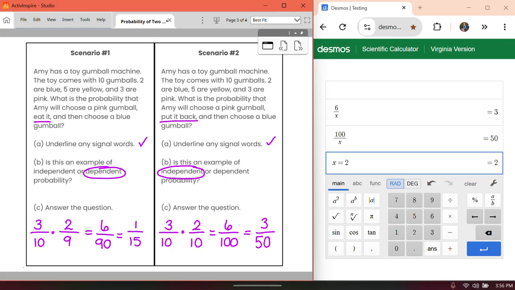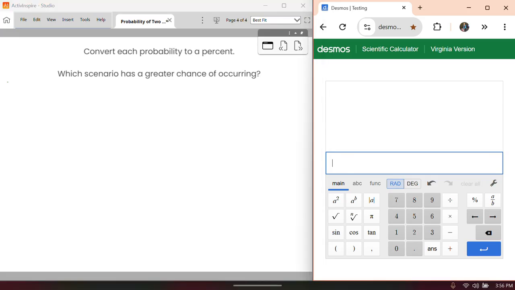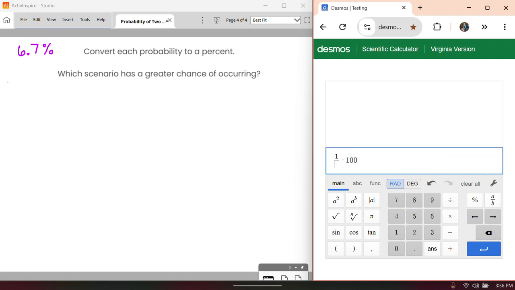Now there is one more little part to this question underneath where it says convert each probability to a percent, and then which has the greater chance of happening. So scenario A was 1 over 15. If we make that a percent, it's 6.7%. And then scenario B was 3 over 50.